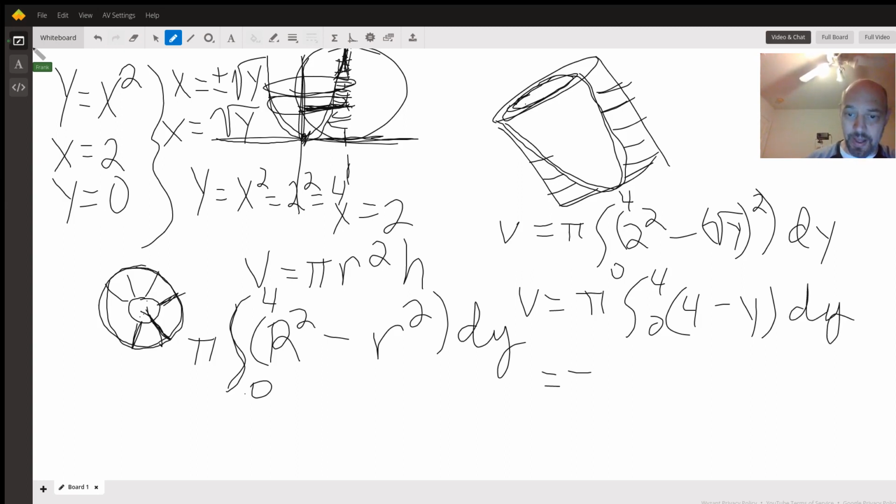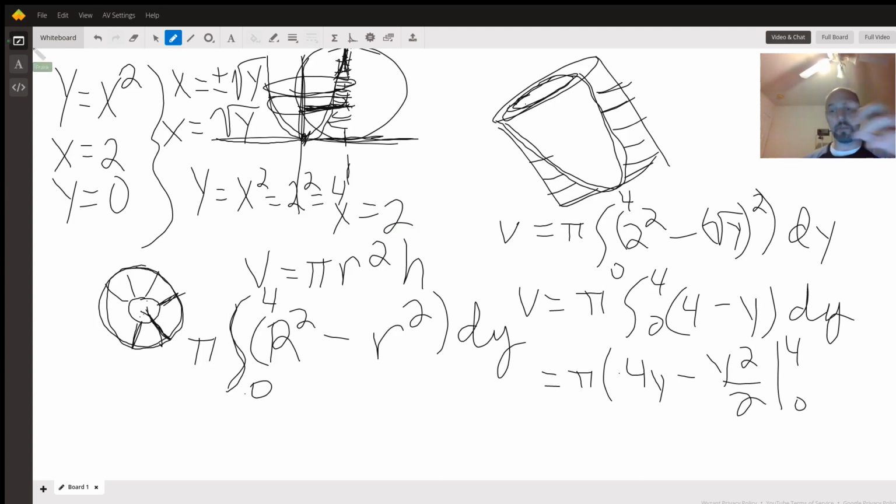And that's going to equal pi times the antiderivative of 4 minus y, which is 4y minus y squared over 2. We have to evaluate that from 0 to 4. When you plug in 0, it's going to be 0, so we just have to evaluate the 4 part.